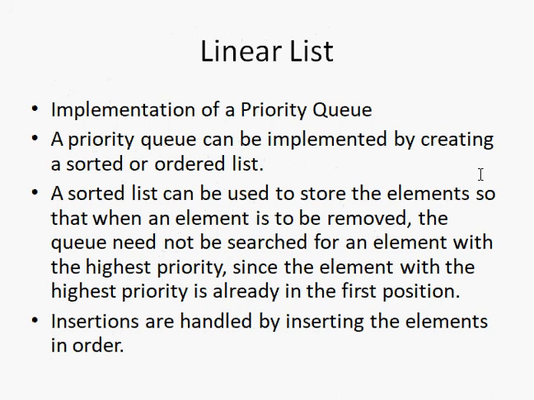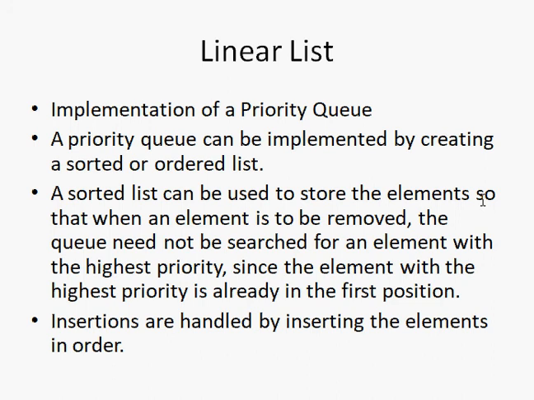By using this method or algorithm, assume that the list is arranged in descending order. When it's sorted in descending order, the maximum element will be at position 1, and the next maximum element will be at position 2, and so on.